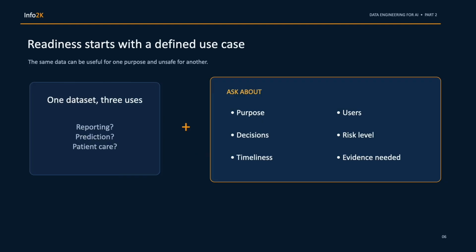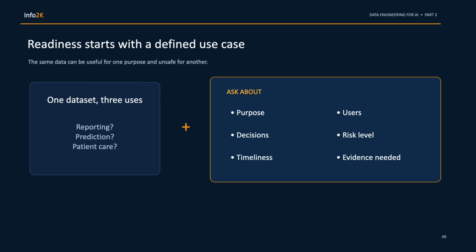Readiness starts with a defined use case because the same dataset may support one purpose and be unsafe for another. Consider a hospital dataset containing diagnoses, medications, laboratory results, and clinical notes. For aggregated monthly reporting, the organization may accept a delay and some missing descriptive fields.